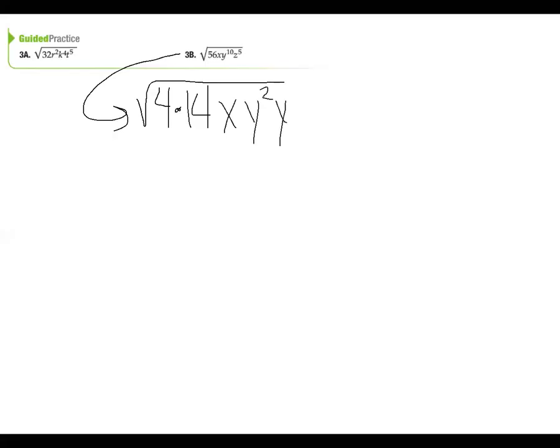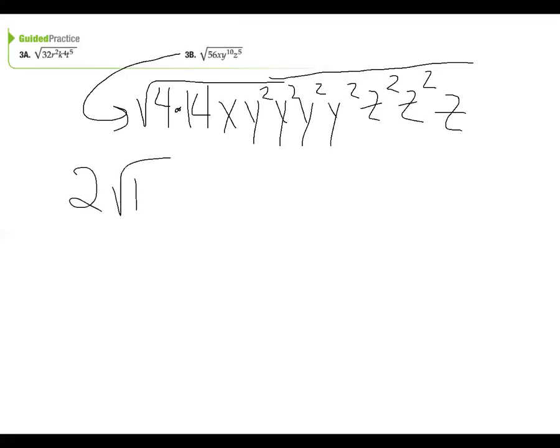Now 56, square root of 56 x y to the 10th z to the 5th. I could think of that as 4 times 14, x, y squared, y squared, y squared, y squared, y squared, z squared, z squared, z. Okay, so that'd be 2 square root 14 square root x.